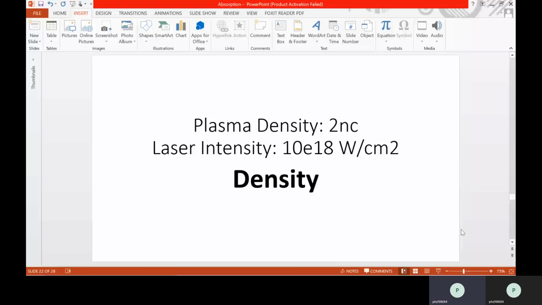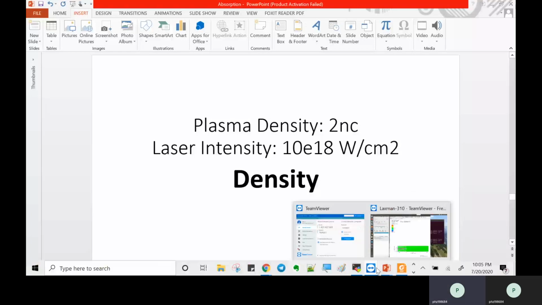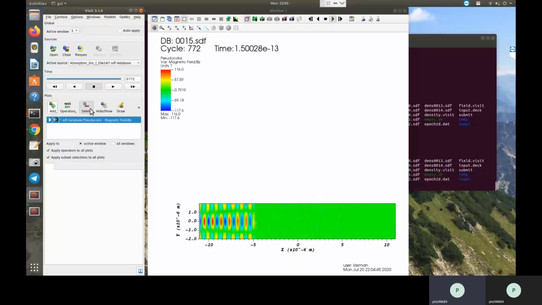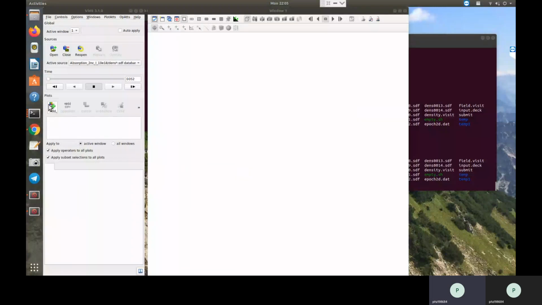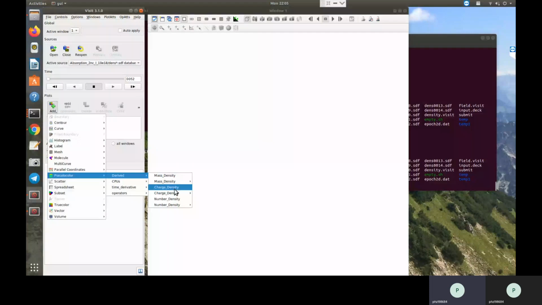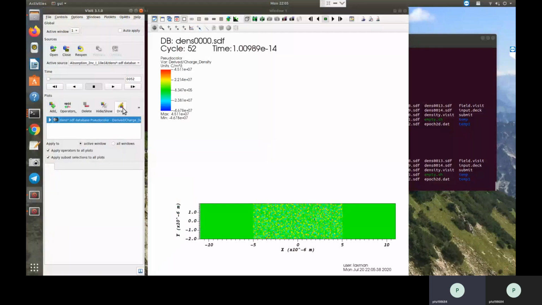Okay, now we are plotting. This is our final curve. Let's open it. First, the density. So it will be like this.